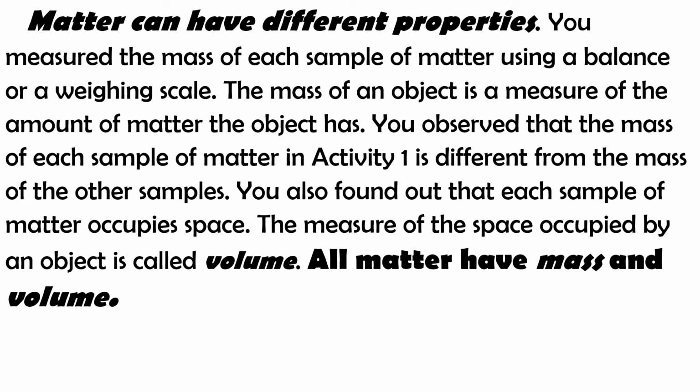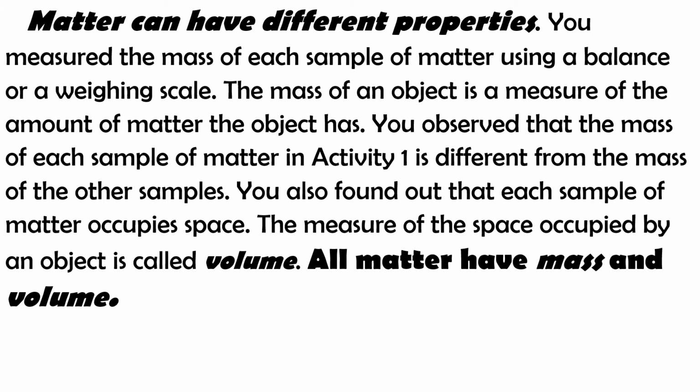So matter can have different properties. Measure the mass of each sample of matter using a balance or a weighing scale. The mass of an object is a measure of the amount of matter the object has. You observe that the mass of each sample of matter is different from the mass of the other samples.